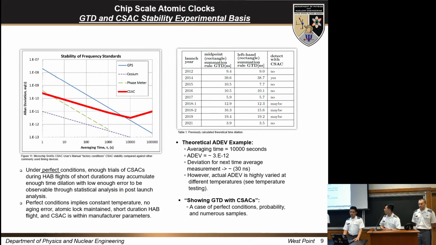But for some of the theoretical examples, Allan deviation as a whole across short interval periods, your standard deviation in time might be enough for what we theoretically calculated these balloon flight time dilations in order to disprove the null, as it were, in terms of numerous amounts of samples and showing gravitational time dilation.